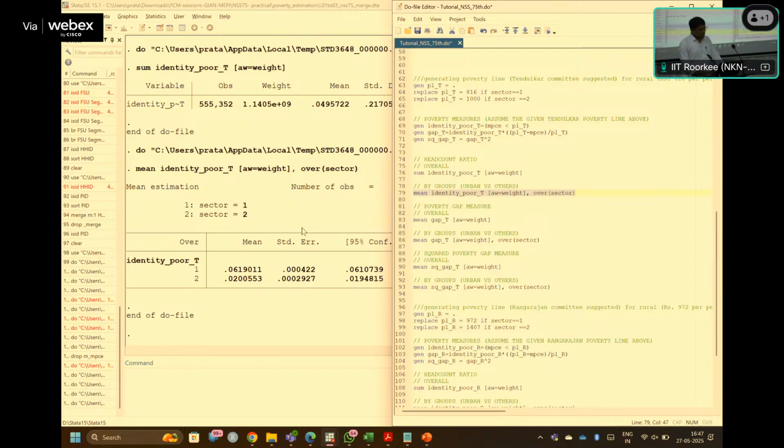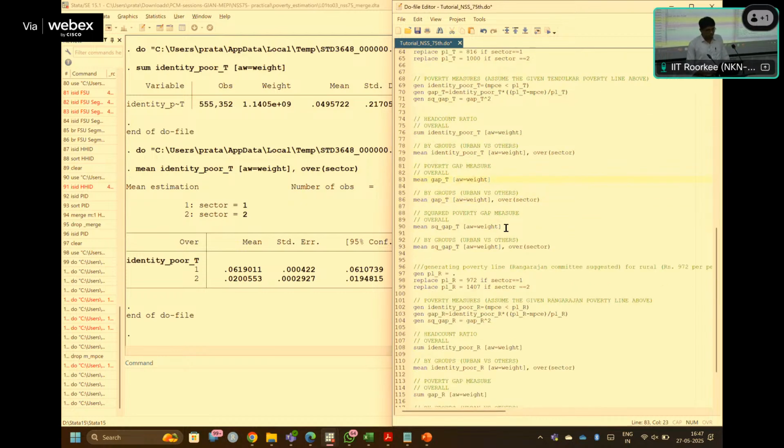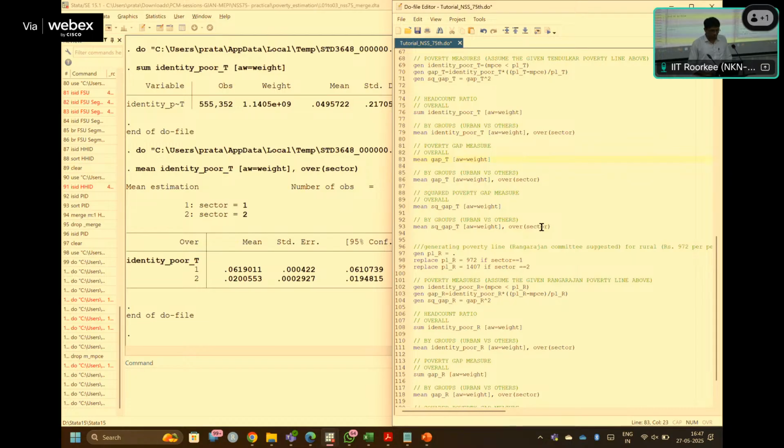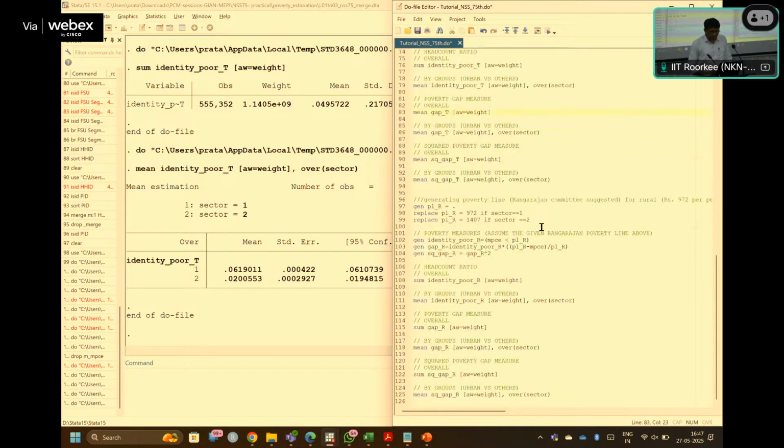These are the estimations by rural and urban areas so far as the Tendulkar committee suggestions are concerned, and some other estimations were made for the rural area to check the poverty gap measure, and also the squared poverty gap measures, similarly by rural and urban areas. The rest you can follow directly from the do files.